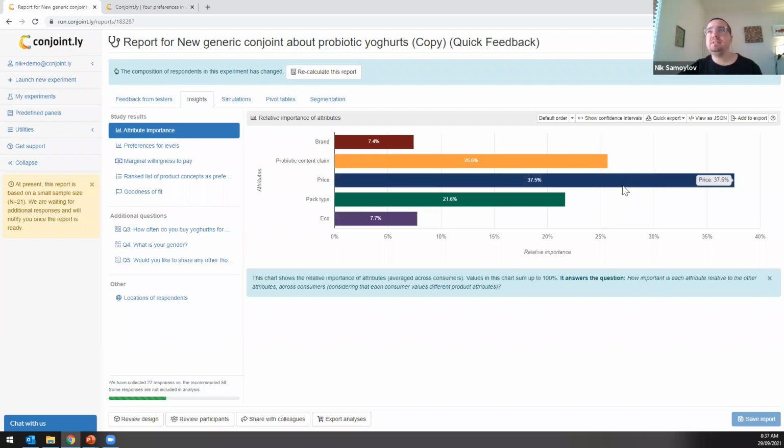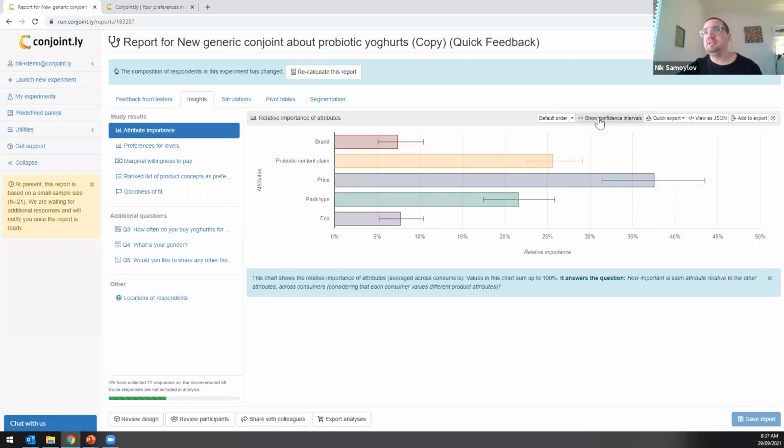We see here that price stands out as the most important attribute, followed by probiotic content claim, then pack type, and then brand and eco-label roughly equal. We can also switch on confidence intervals, and we see that even with a small sample size, price would still likely be the most important attribute, because its confidence intervals don't intersect with any other confidence intervals.